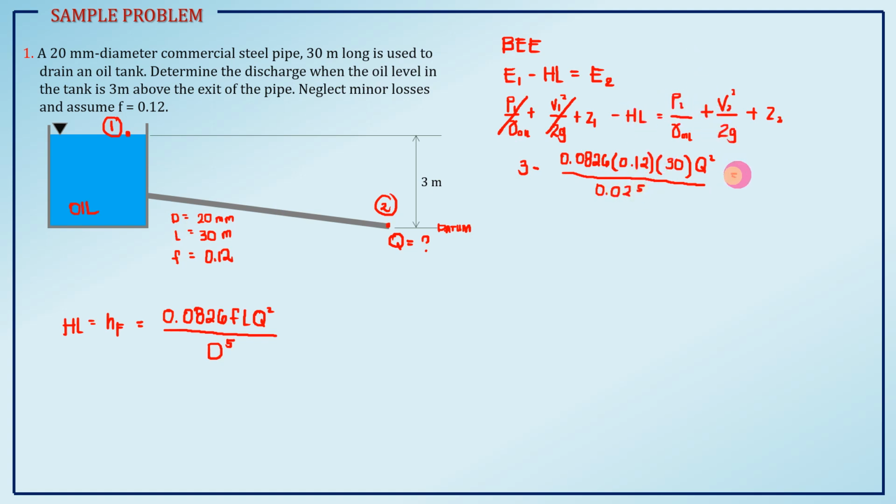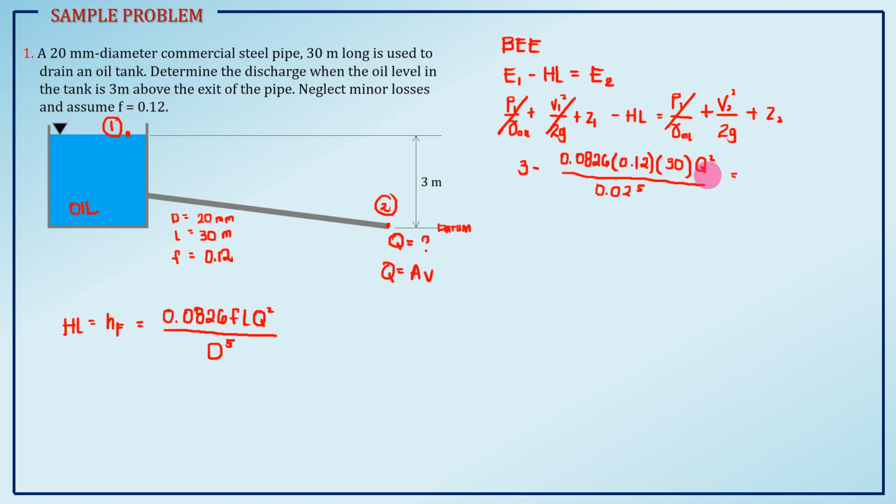And equal to 0.2, since point 2 is exposed to air, so we don't have pressure head. We have velocity there. Let's calculate velocity, but velocity is not what we are looking for, it is Q. We can get the velocity from the equation Q equals AV. You just have to divide our Q by the cross-sectional area of the pipe to calculate the velocity.